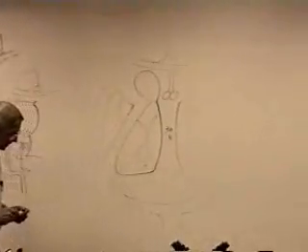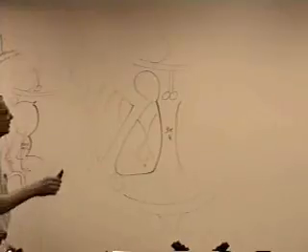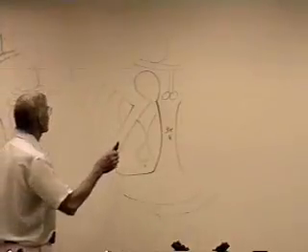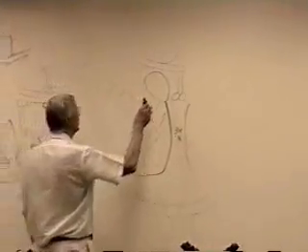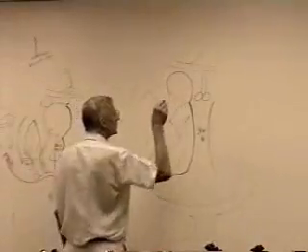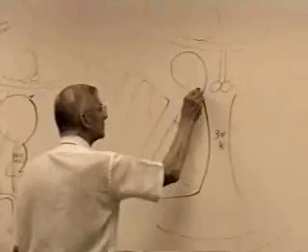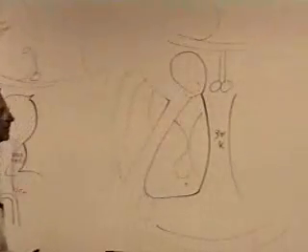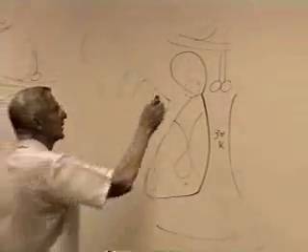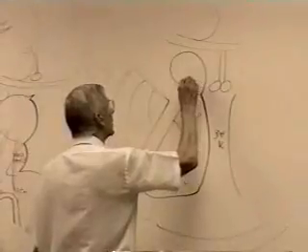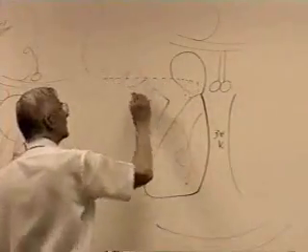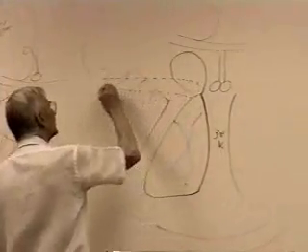Okay. Observe for a moment. And so here we have the transparent brain now with the internal carotid coming up below, hidden, continuing on as the middle cerebral artery.